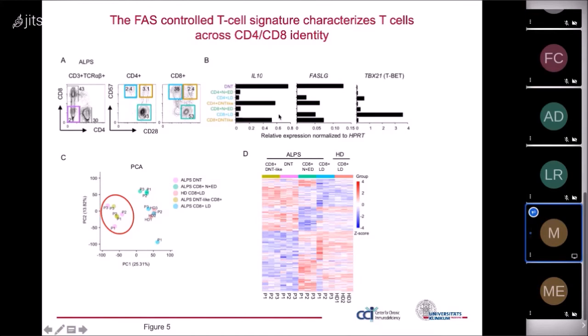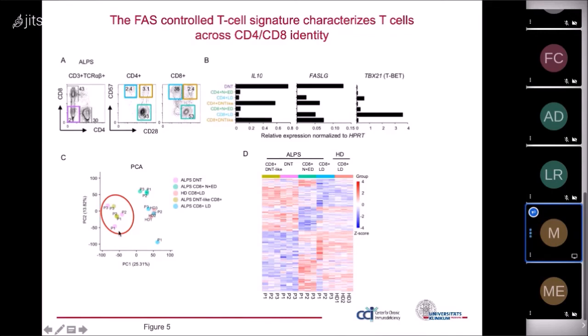And so we performed again transcriptional analysis, RNA sequencing, and it was very nice to see that the profile of the ALPS DNT was pretty much identical with the one of the DNT-like, in this case, single positive CD8 cells, which was true and nice also in the PCA analysis.